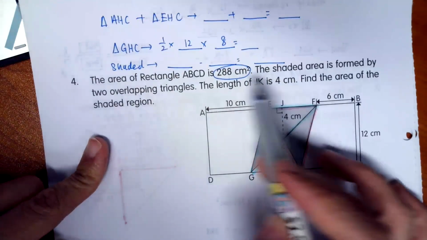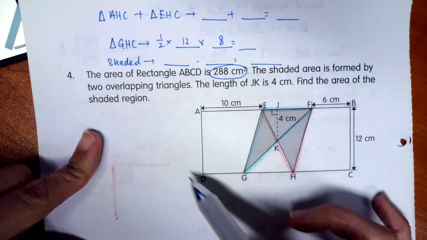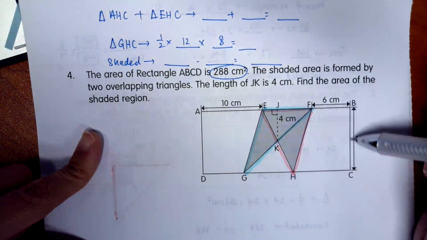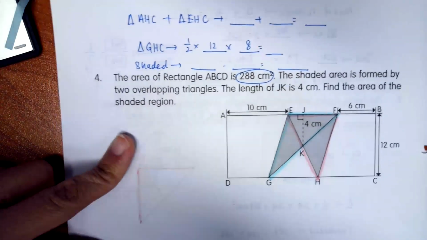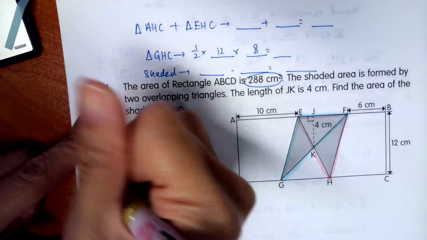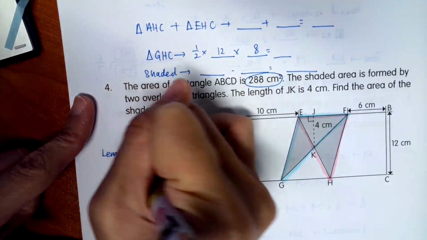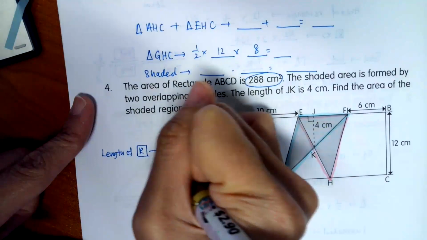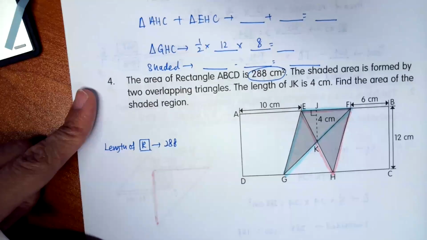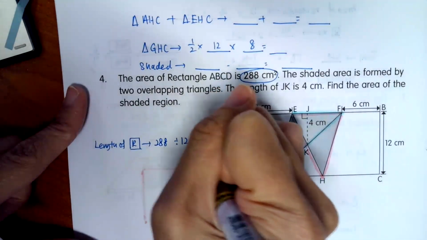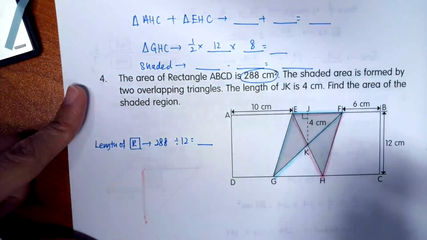All right. Now, I know the total area is 288 square centimeter. I know the breadth is 12 cm. So what I can find is actually the length of the rectangle. The length of the rectangle would be the area, 288, divided by the breadth. Okay, you'll get the length of the rectangle, this whole chunk here.